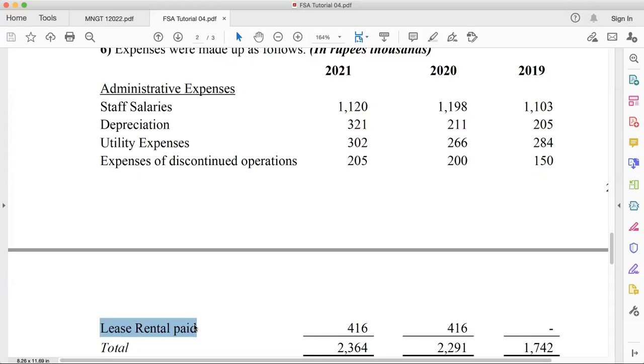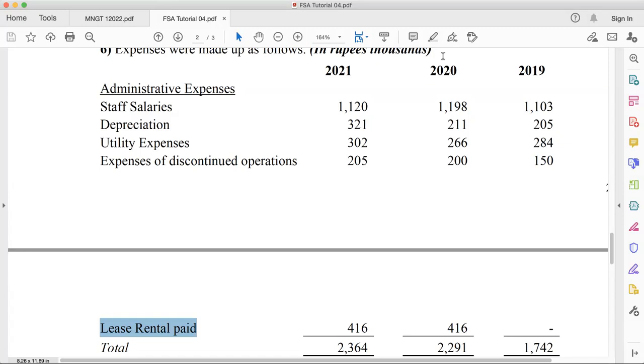The meaning is the company has charged lease rental to the profit and loss account. This accounting is not acceptable. Now you need to adjust the financial statements.